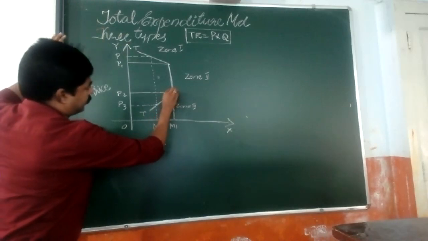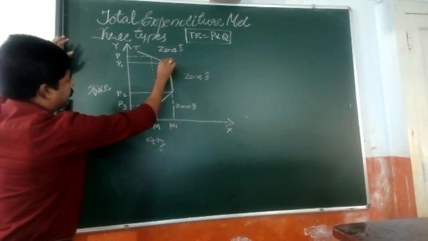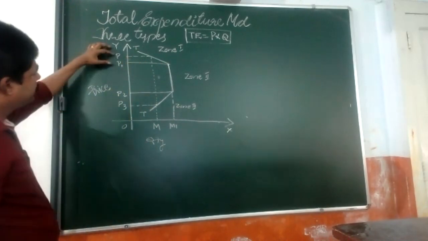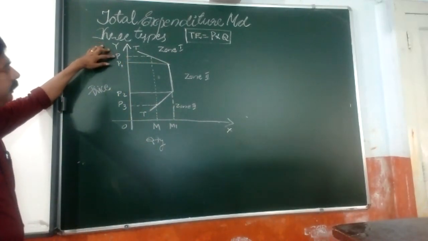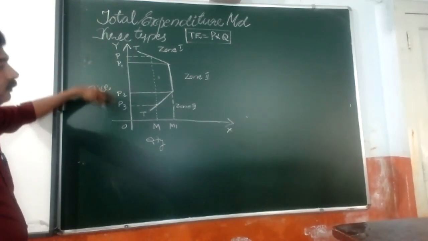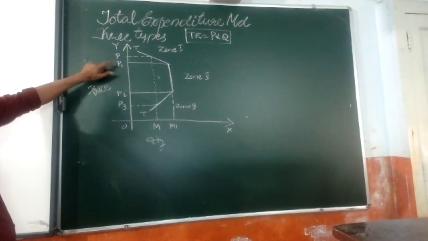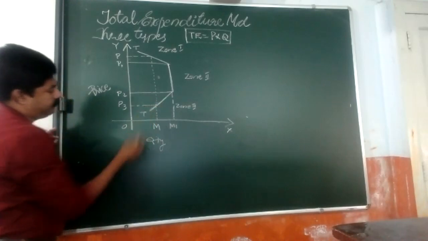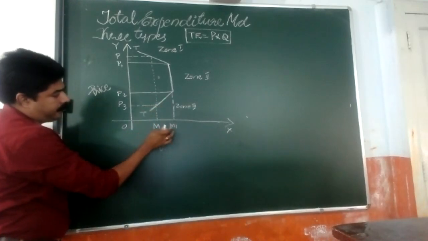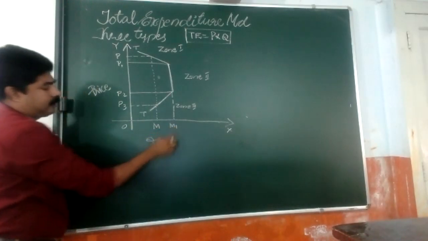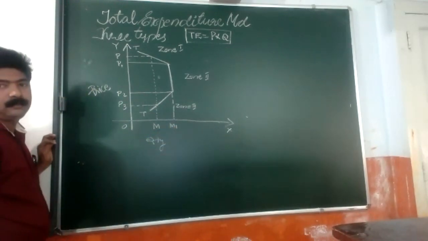From here, as well as from here, there are vertical lines, and these are the prices P, P1, P2, P3. M, M1 are the quantities demanded.